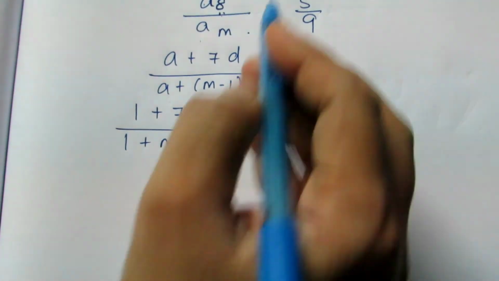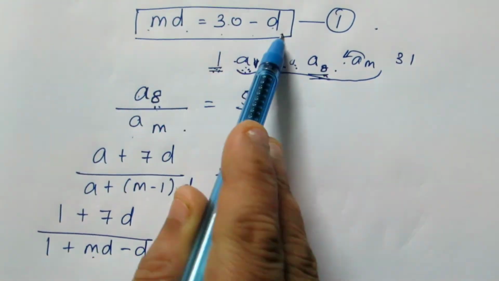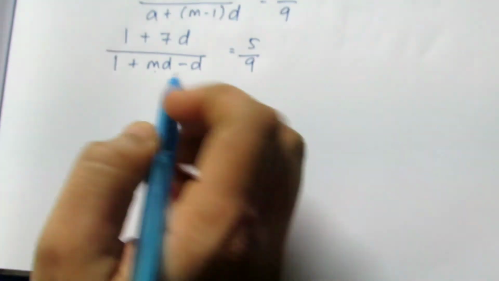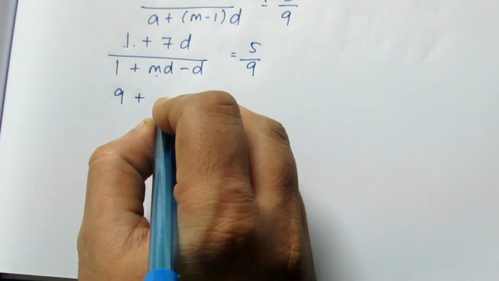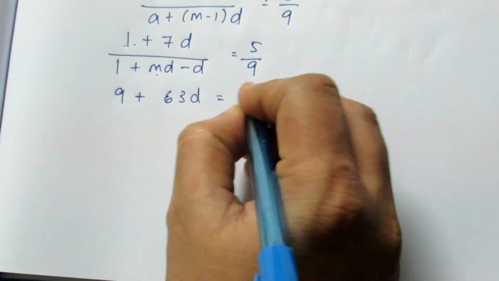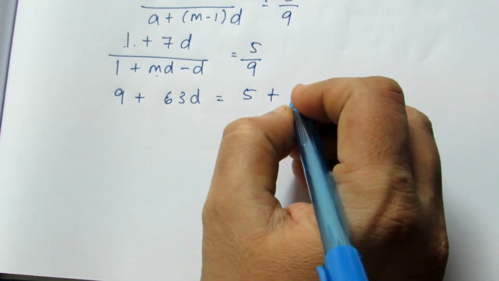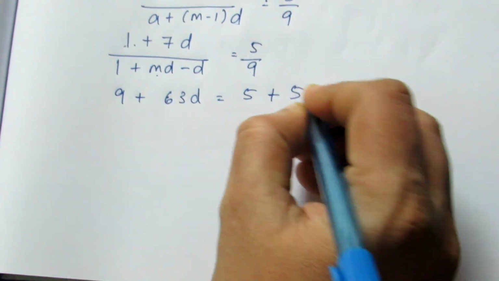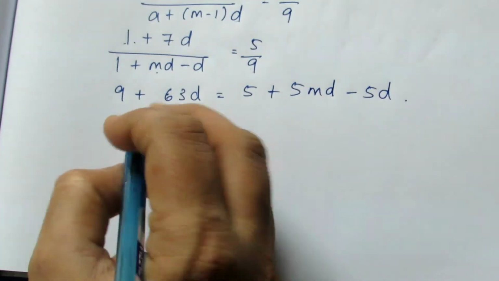We know the value of md, so instead of md we can substitute 30 minus d. While cross multiplying, I'll multiply this here: 9 plus 9 7s are 63d is equal to 5 plus 5md, then we'll substitute the value, and it becomes 5d.